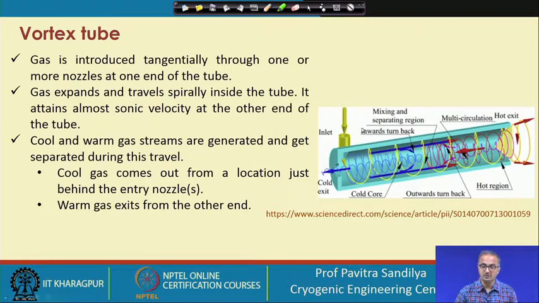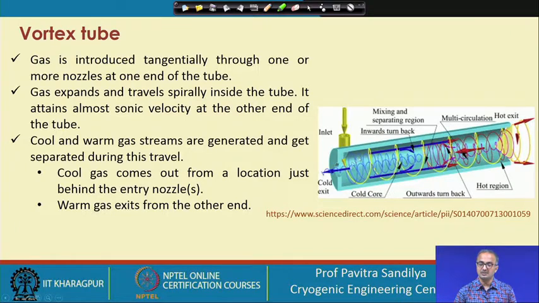So here we have shown a typical vortex tube configuration. Here we find the gas is introduced tangentially through a nozzle. We have shown one nozzle, but it may be through multiple nozzles. Once it goes in tangentially, it goes like in a cyclone separator.